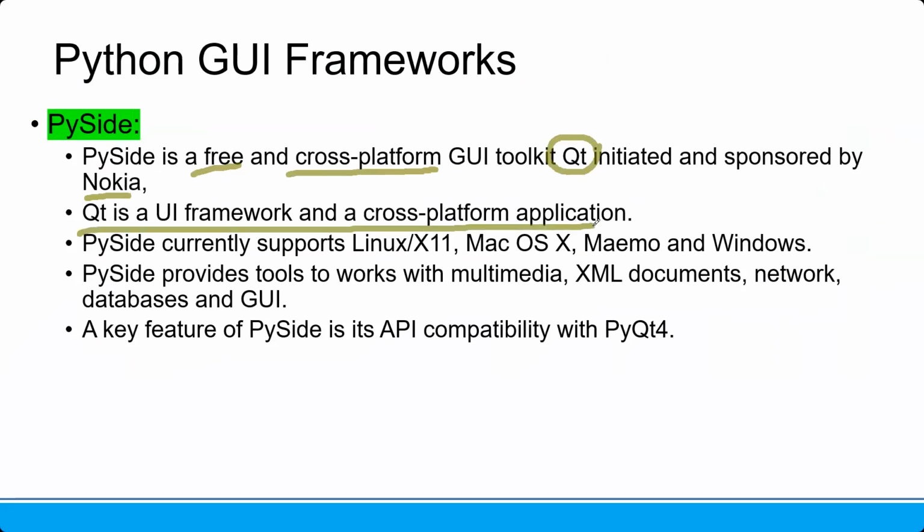You can use it on any platform like Linux, Mac, Windows. And PySide also works with multimedia. For example, if you want to put in video, or some animation, or some web documents, then it works well. The key feature of PySide is its API compatibility with PyQt4.